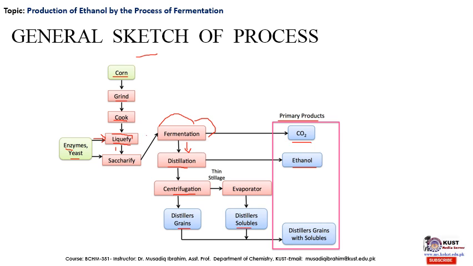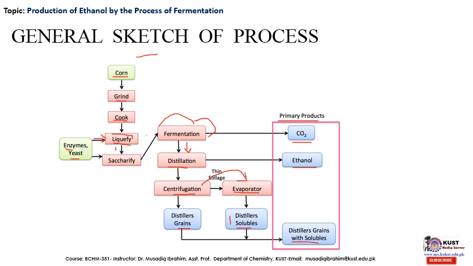Now the centrifugation step is followed by evaporating. During the centrifugation step, the lower layer is taken out and the upper layer is subjected to evaporating, and as a result you get the distillers solubles. Both of them are mixed together, and then they are used for different purposes.